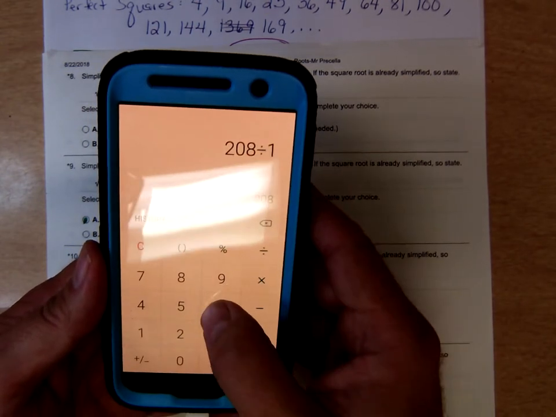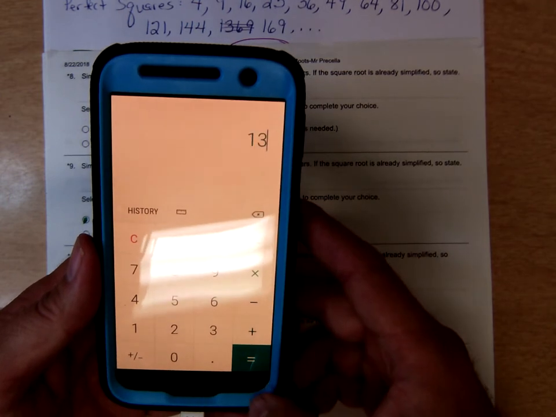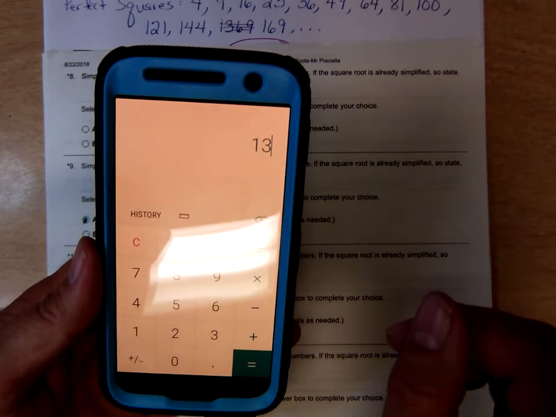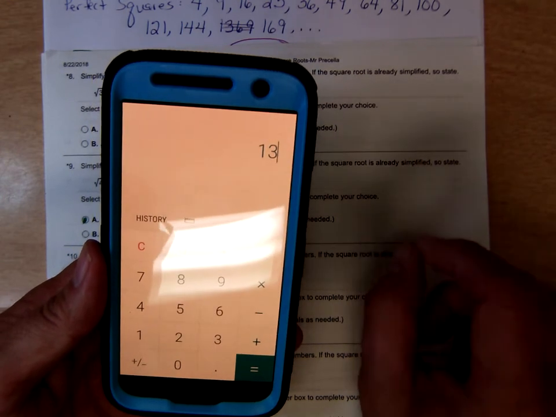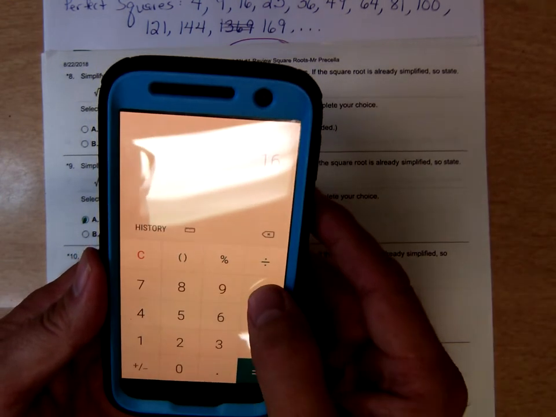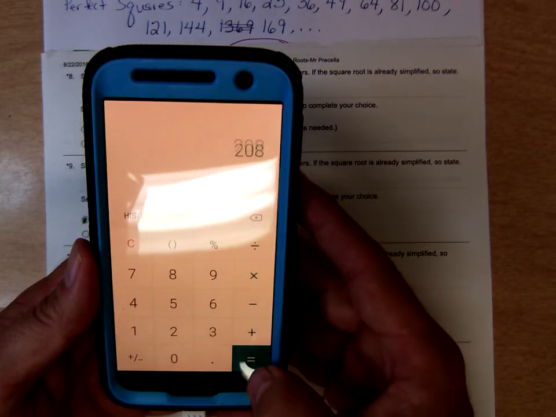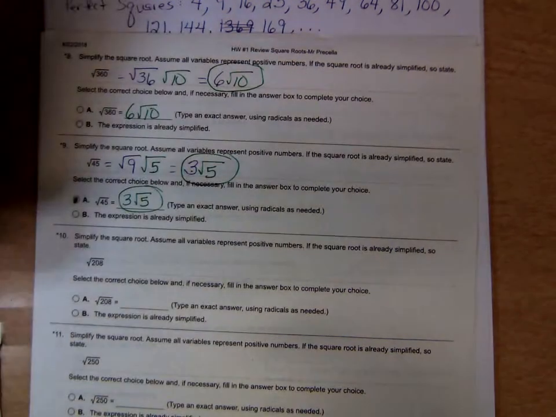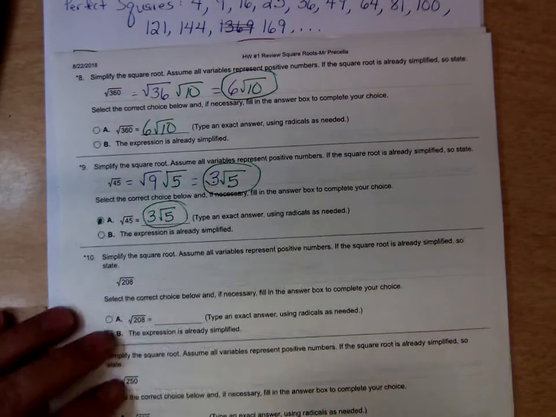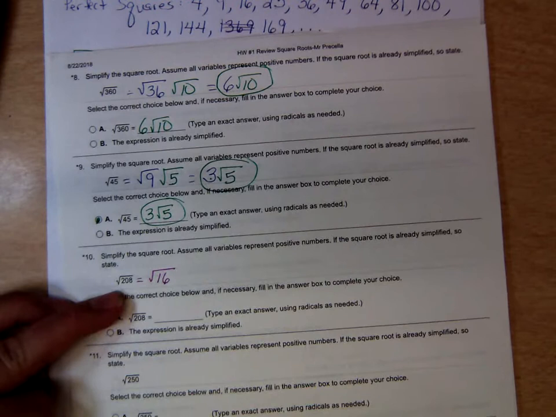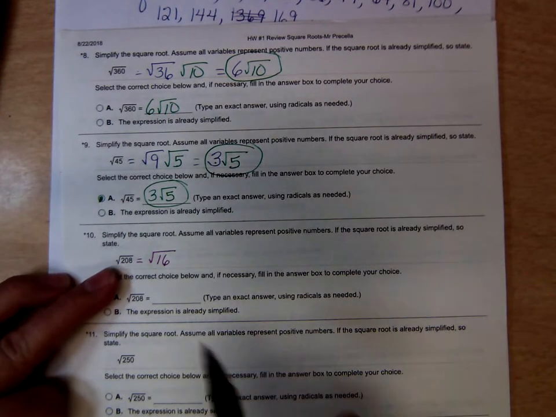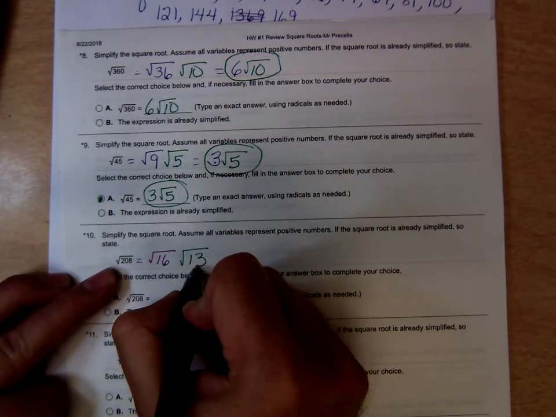208 divided by 16, 13. So 16 times 13 would give me 208. Let me just check that out. 16 times 13, yes, that's 208. So what I could do is rewrite this as the square root of 16 times the square root of 13.